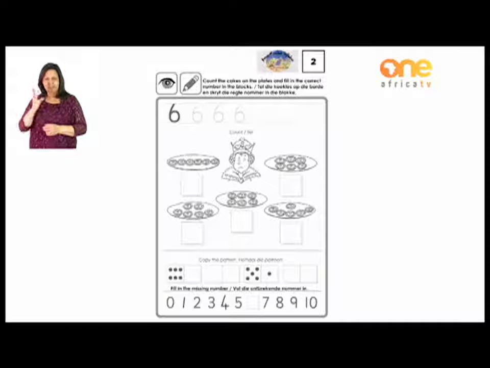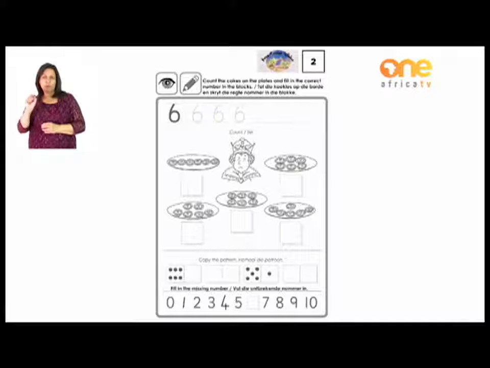So we need to copy the pattern. So we will skip the second block to leave it empty and make 6 dots in the third block. And then we look back to the first picture of the dots. We have our 6 dots now.